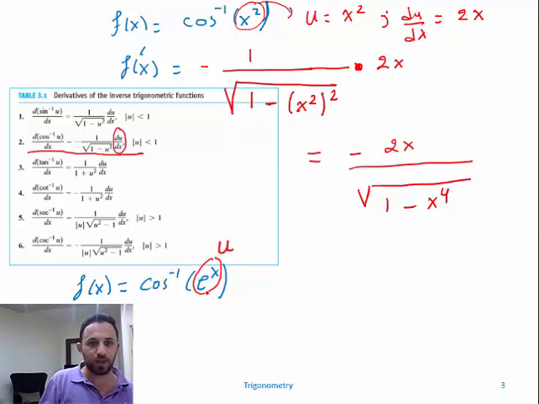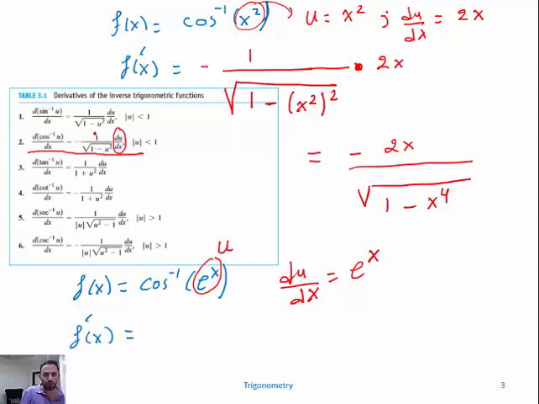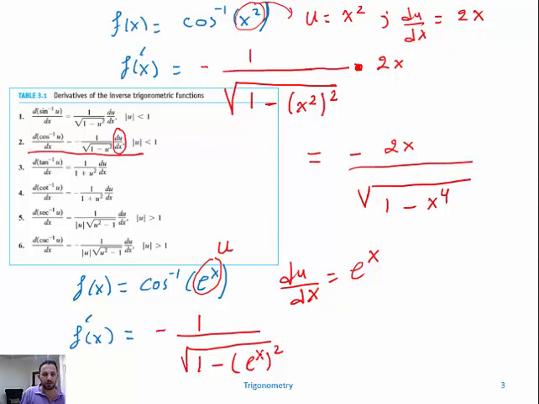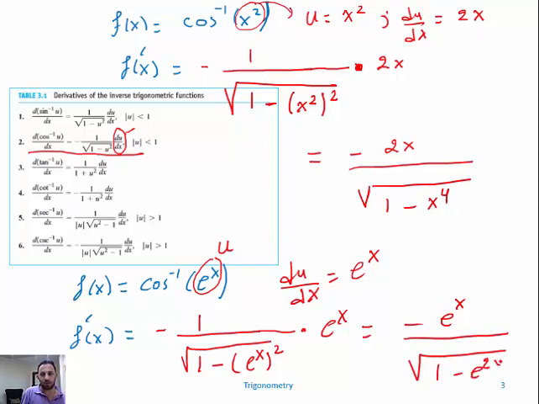This is u, and du by dx, the derivative of e^x, is e^x. I substitute it in the formula, minus 1 over radical 1 minus u squared, and u is e^x, multiplied by du by dx, which is given by e^x. This is equal to minus e^x over radical 1 minus e power 2x.